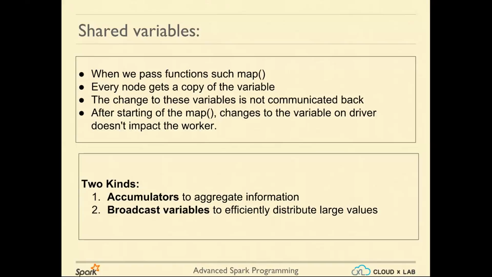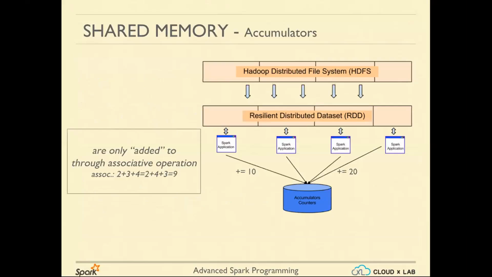All right, it doesn't impact the worker. So there are better ways of sending data to the cluster and receiving data from the cluster instead of the normal way. The first one is accumulator. Accumulators are basically for receiving data from the cluster. Let's say you want to monitor the progress of your application.